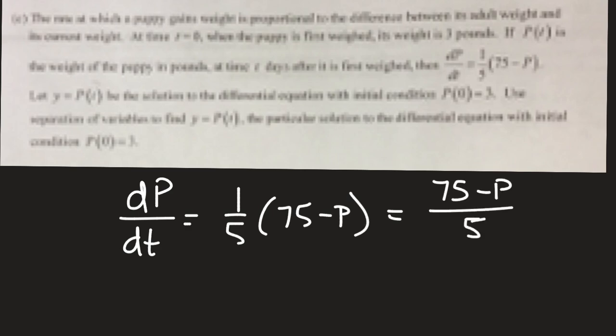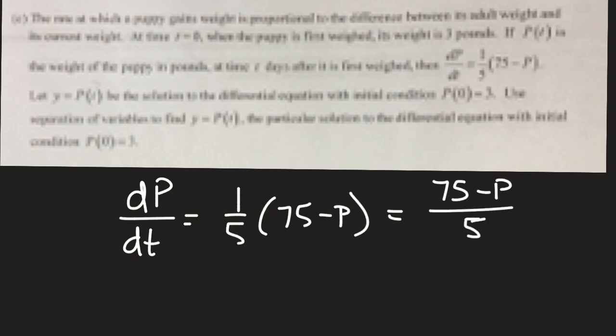Okay? So find the equation. Just a baby. So we start with the equation dp dt equals 1 over 5, 75 minus p. Okay, so I can write this as 75 minus p over 5.